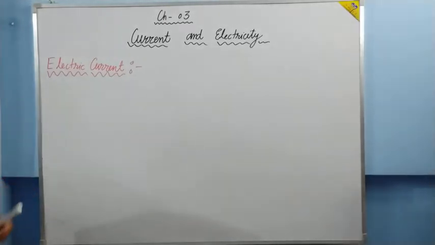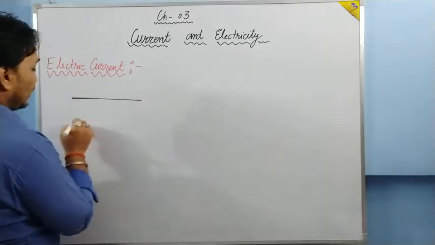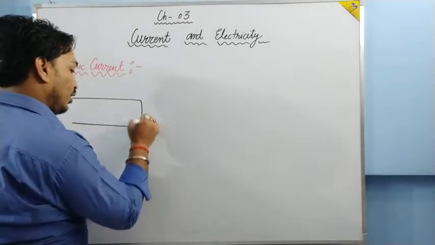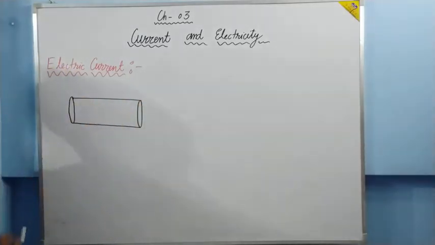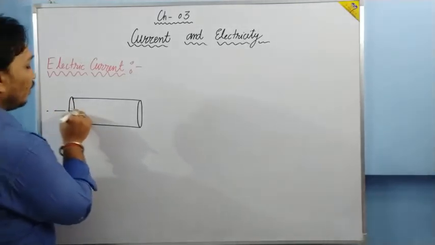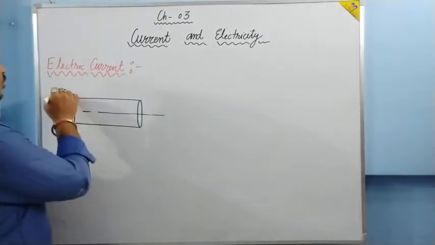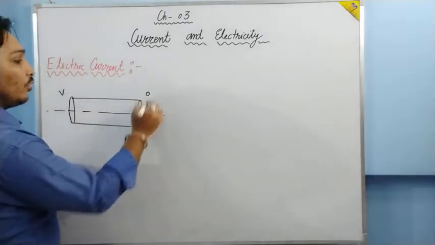Let us understand what electric current is. I have just told you, if somehow that potential difference is maintained by using a cell or by using other charged bodies or anything, then what happens? Suppose this is higher potential, this is lower potential.